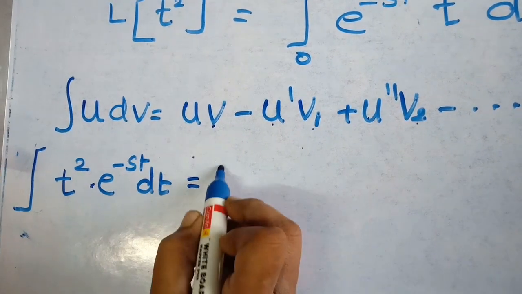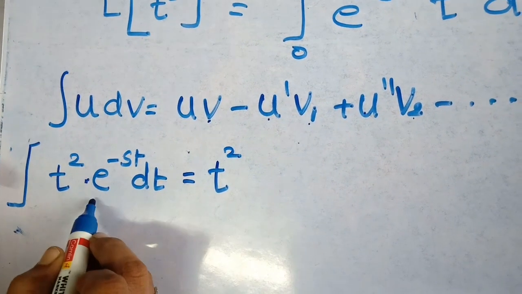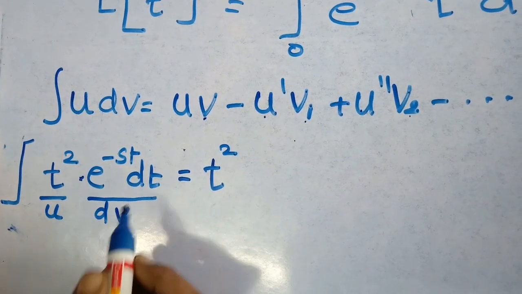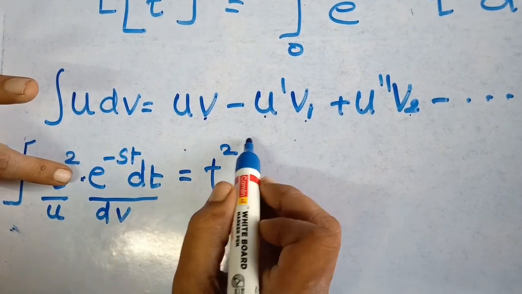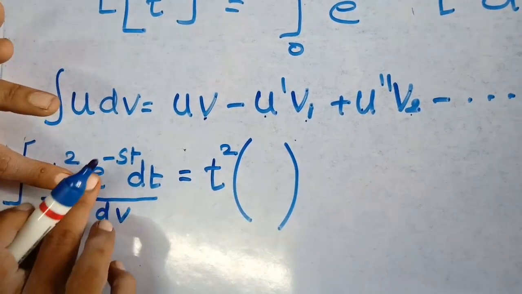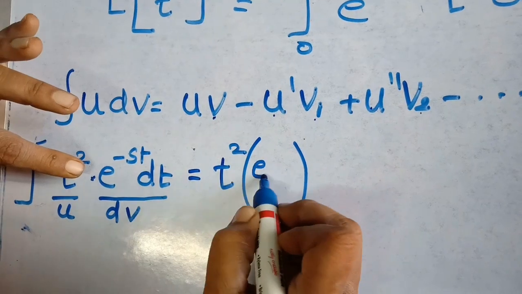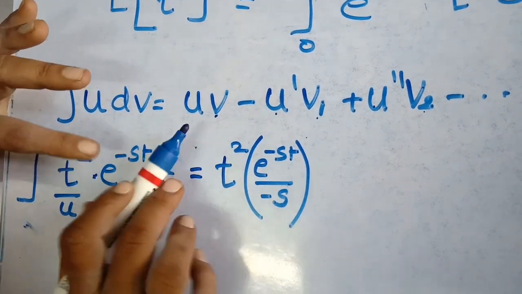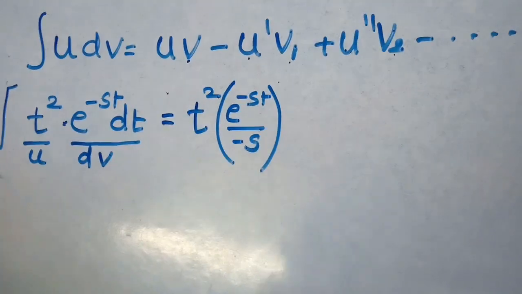Here u is t square. This is u and this is dv. So this is dv, and what is the integration of dv? That is your v. So the integration of e power minus st is e power minus st by minus s, with respect to t we are integrating.